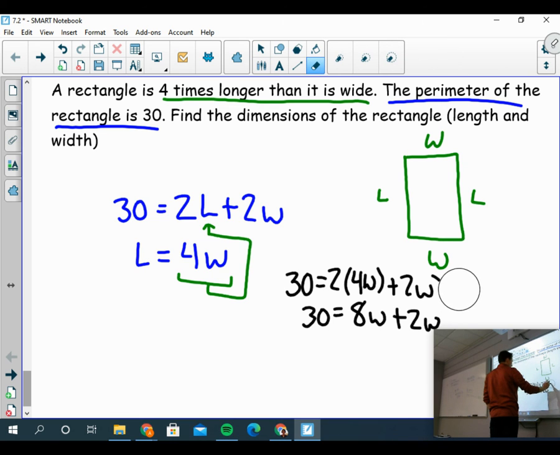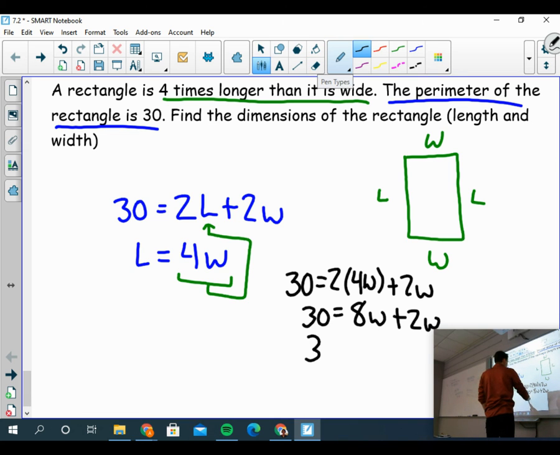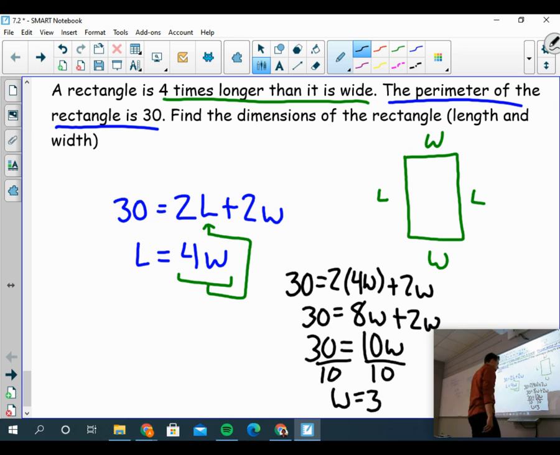I don't need this little parenthesis here. Which leads me to 30 equals 10W, which means W equals 3.